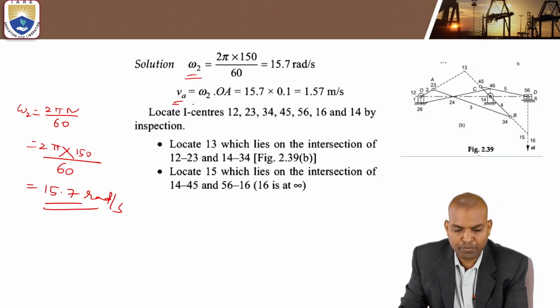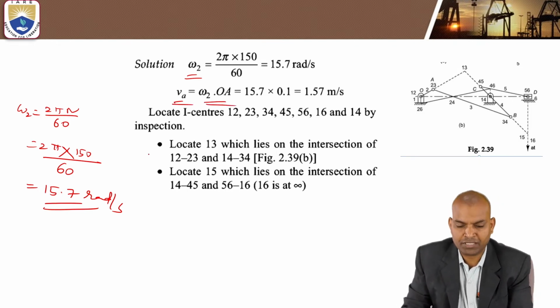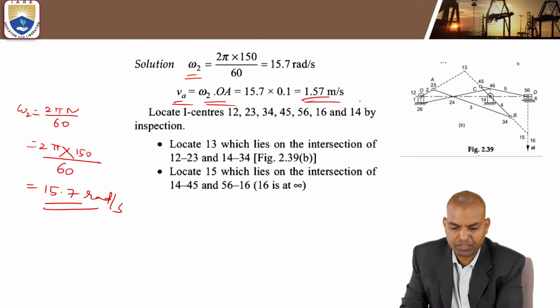So VA equals omega 2 times OA, that is 15.7 times 0.1, which is 1.57 meters per second.